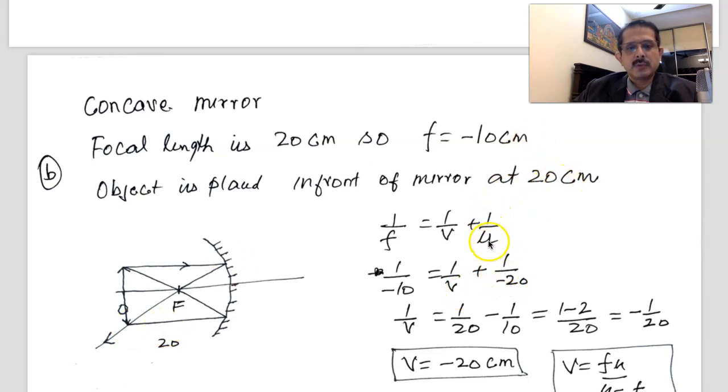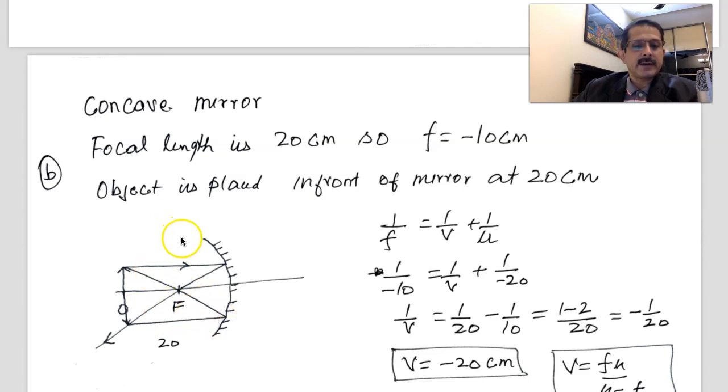We have used U is equal to minus 20. Now, just applying this in the mirror formula, we get V is equal to minus 20 centimeter. Minus 20 centimeter means a distance of 20 centimeter opposite to the direction of the incident ray.